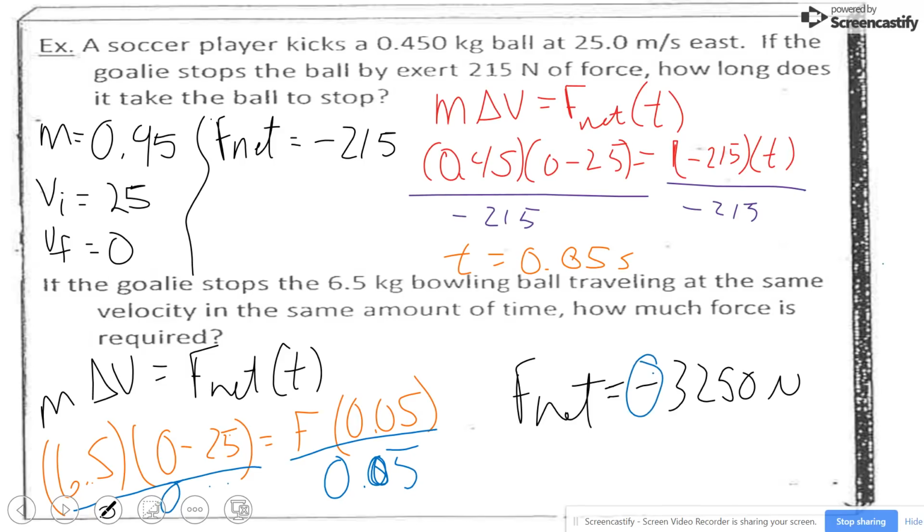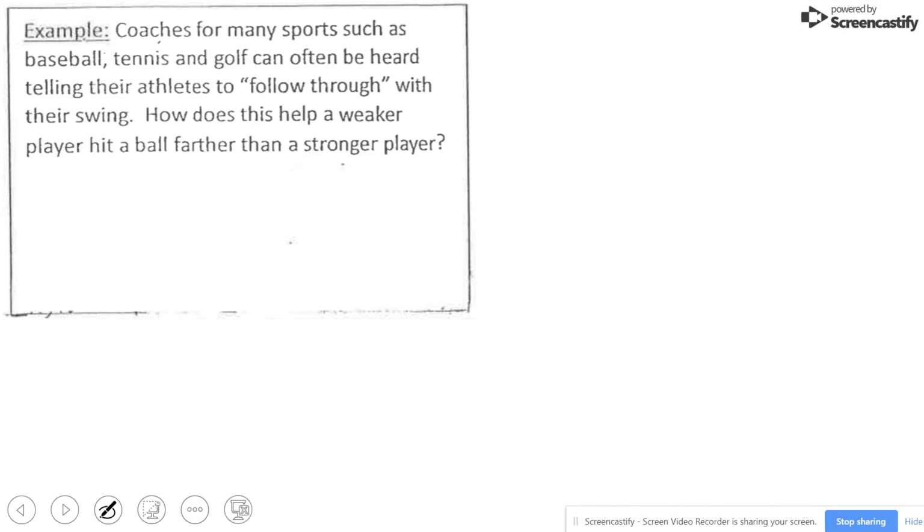Again, the negative just tells us that it's going the opposite direction, which it should be negative because that's what our force was up above.